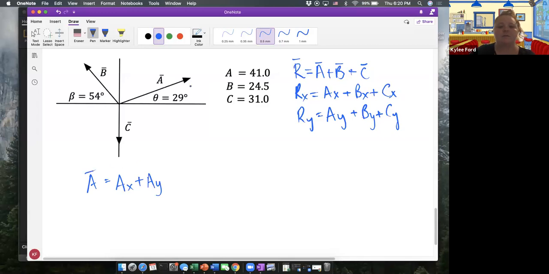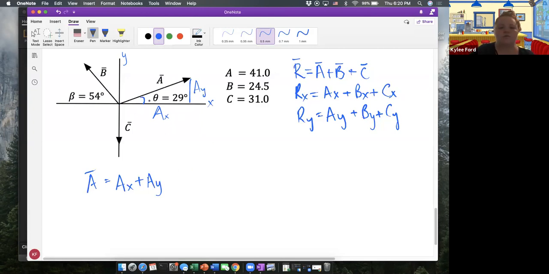We will start looking at this triangle here since we have this angle. This is our X axis, this is our Y axis, and we have our AX and our AY right here.